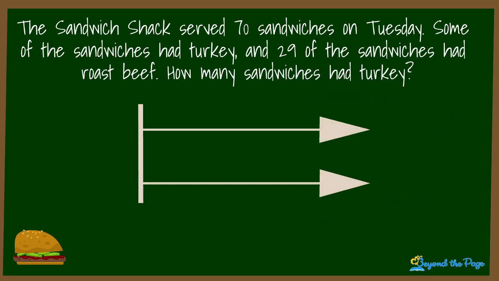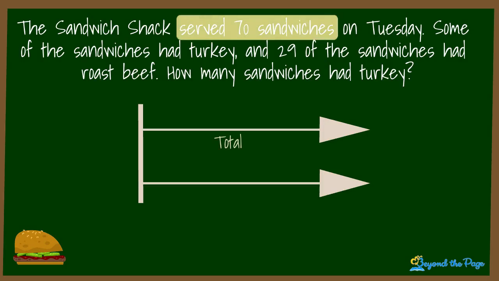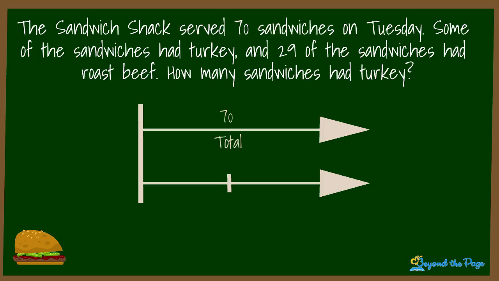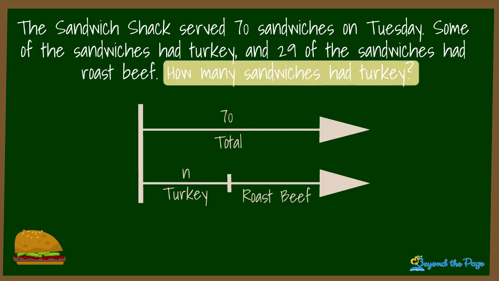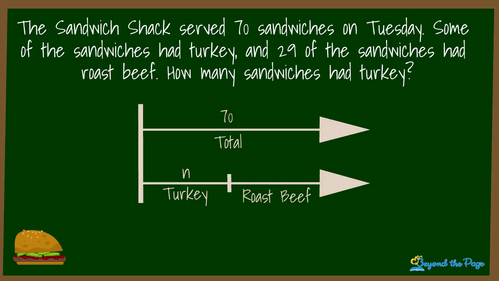In this example, the top line shows the total number of sandwiches, which is 70. The bottom line is divided into 2 sections, showing that the number of turkey sandwiches and the number of roast beef sandwiches go together to form an amount that is equal to 70. We don't know the number of turkey sandwiches sold, so this section is labeled with a variable. The other section is labeled with the number of roast beef sandwiches, which is 29.